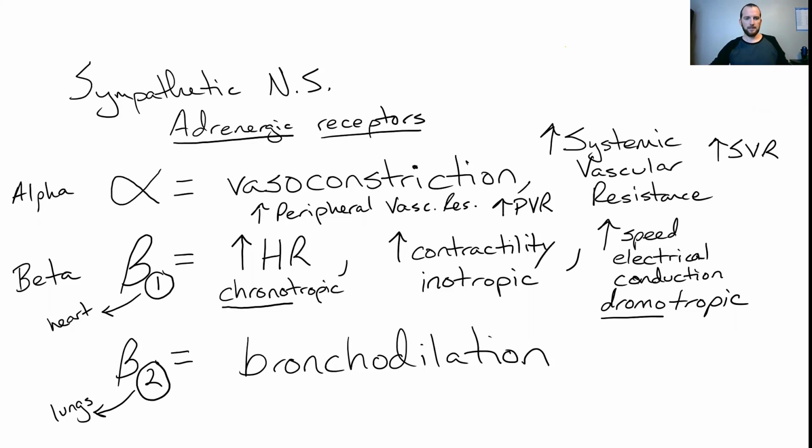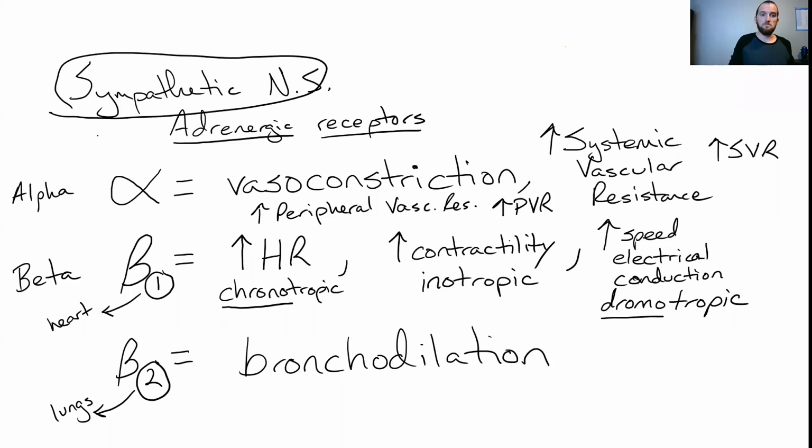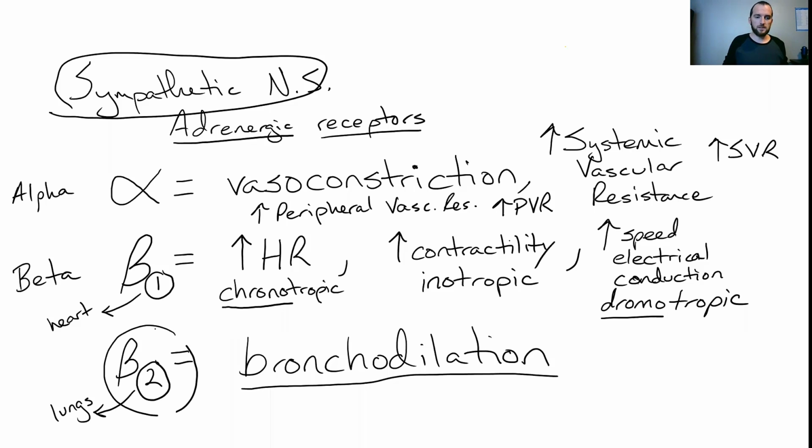Now that finally gets us back to albuterol, which is where we actually started this whole thing. Albuterol is a sympathomimetic. It's mimicking the sympathetic nervous system. The other class that we said is that it's a bronchodilator, and it does that because albuterol stimulates those beta 2 receptors.